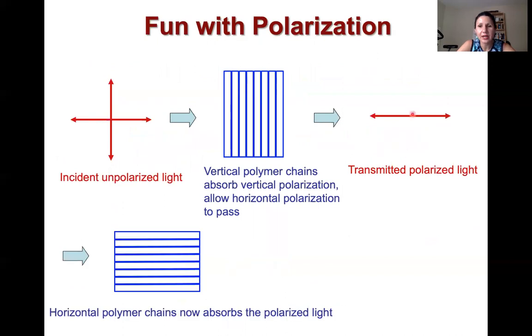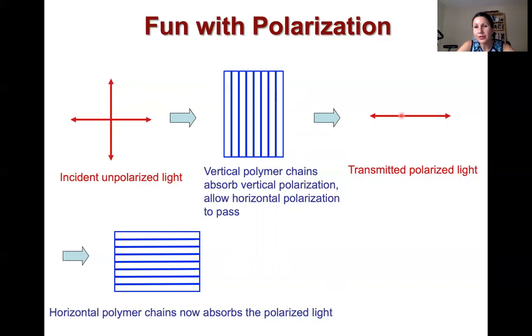Now imagine you put another polarizer. First you put one, and what you get out is this transmitted polarized light, which is all horizontal. But now if you take another one of these polarizers and flip it, so now these chains are facing in a horizontal direction, what do you think will happen?